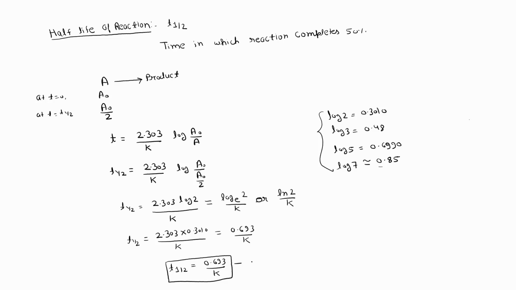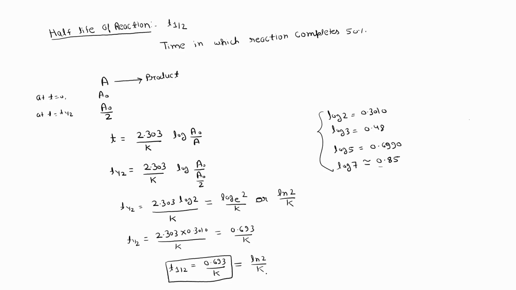So we can also write ln2 by k. 0.693 by k or ln2 by k, both are the same. In the book you will see 0.693 by k, but in the physics book, in the chapter of radioactivity, where radioactive elements follow first order kinetics, you will get ln2 by k.